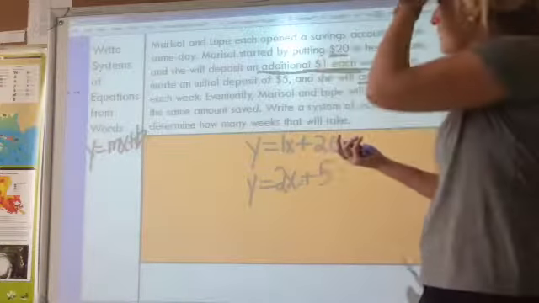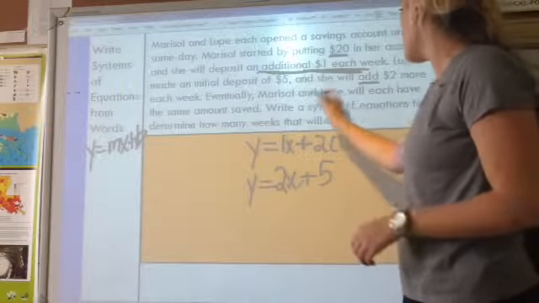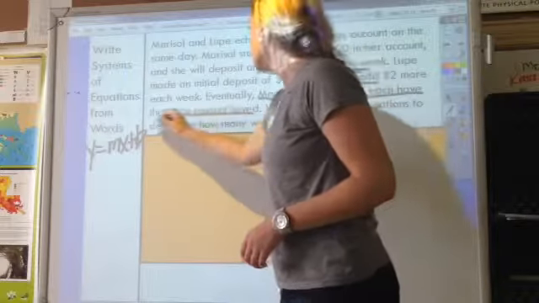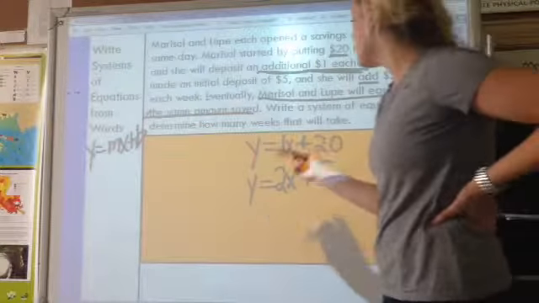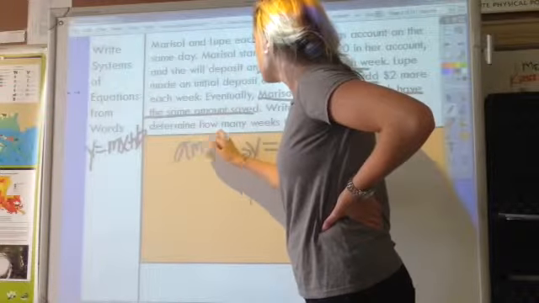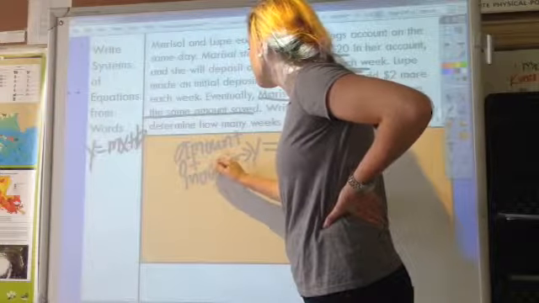Let's talk about that. If I'm trying to figure out how many weeks it will take for them to have the same amount saved, y is going to be how much money they have, the amount of money.